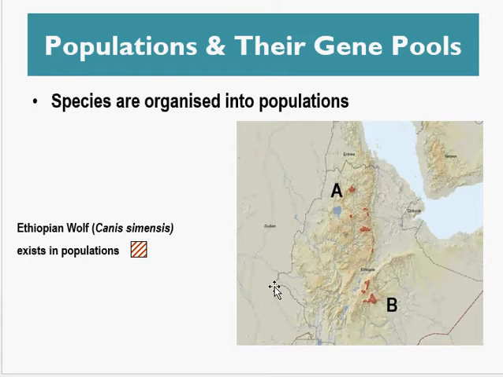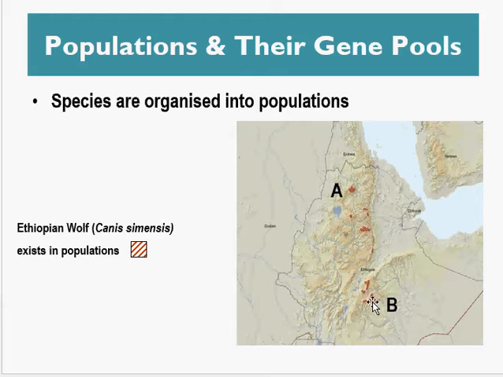This is an example of what a population is. This is the Ethiopian wolf, so this is Ethiopia, and you can see that the populations occur in patches spread across the highlands of Ethiopia. Each one of these little patches is a more or less discrete unit or population of wolves. A large one may have a lot of wolves and a smaller one will have a smaller number of wolves.